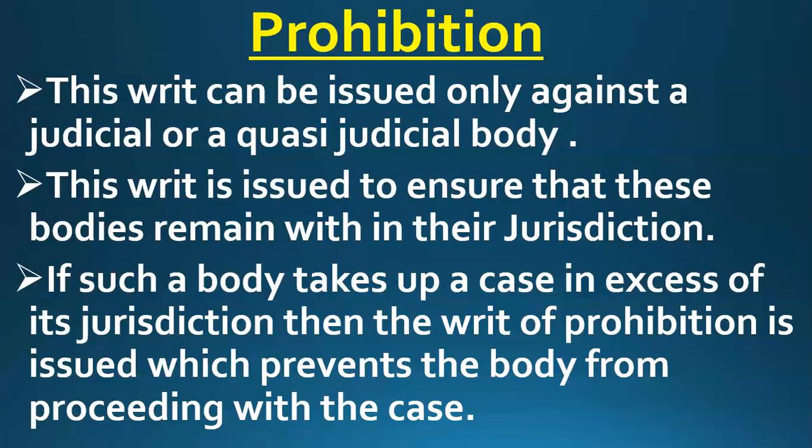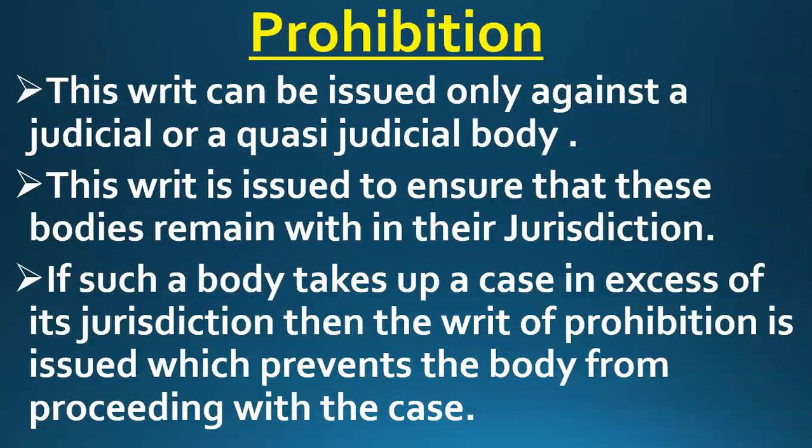Now what does it mean? It means that if any judicial or quasi-judicial body takes a case and that case is outside the scope of that body, meaning it is outside the jurisdiction of that body, meaning that body does not have the power to decide that case, then the Supreme Court or High Court can issue the writ of prohibition.